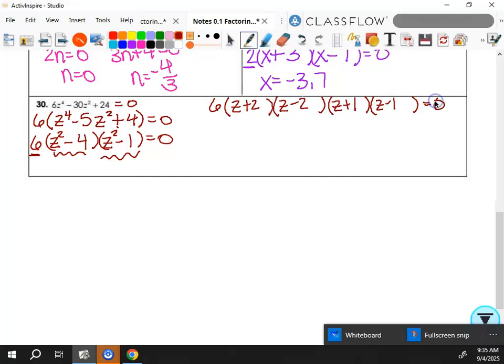And then it is fully factored. Is this guy going to give me a 0? No. Now, you can list out 4 zeros, and that's fine. It is also okay to say z is equal to plus or minus 2 and plus or minus 1. Or you can list out the 4, however you would rather do it.